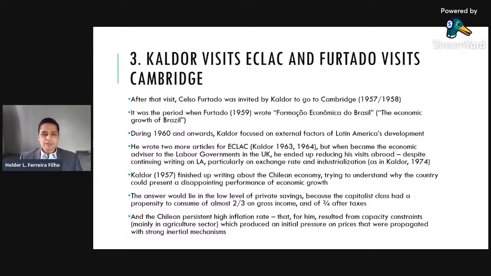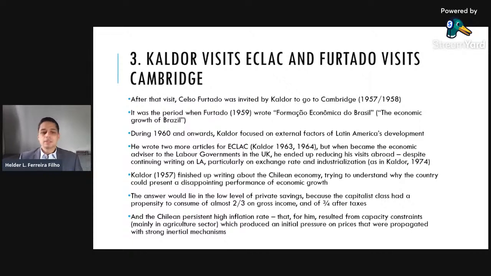In the model of '57, the paper of '57 on the Chilean economy, Calder was trying to understand why the country could present a disappointing growth performance despite its high potential, in Calder's view. The answer would lie in the low private savings by the capitalist class because, in an unusual way, the capitalist class was consuming luxury goods a lot more than was expected.